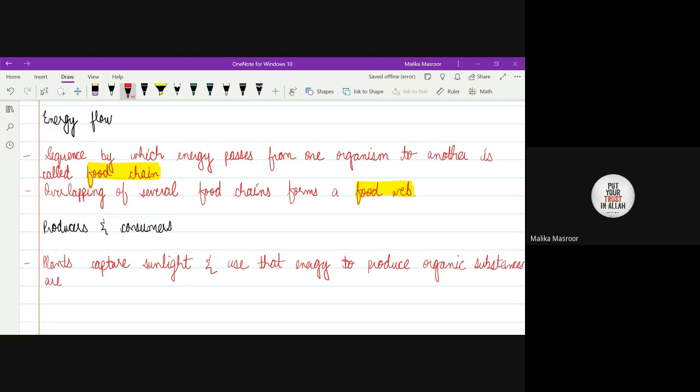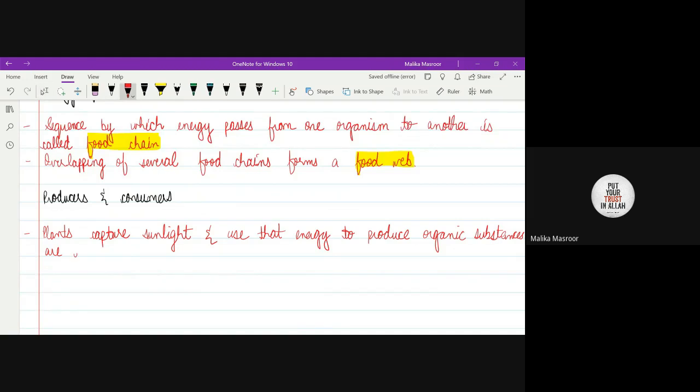They are called producers. And animals are consumers. Now these consumers are of different types, so let's look at them.